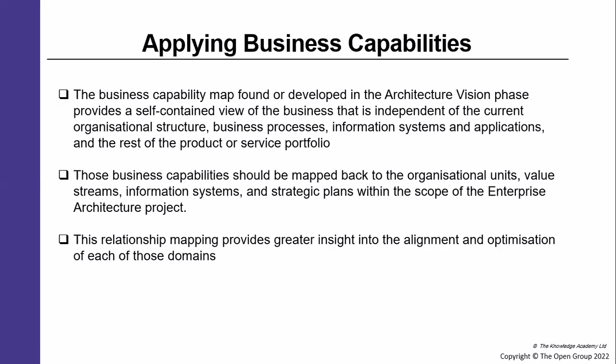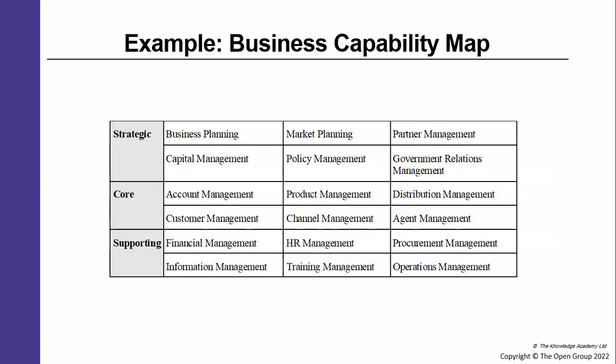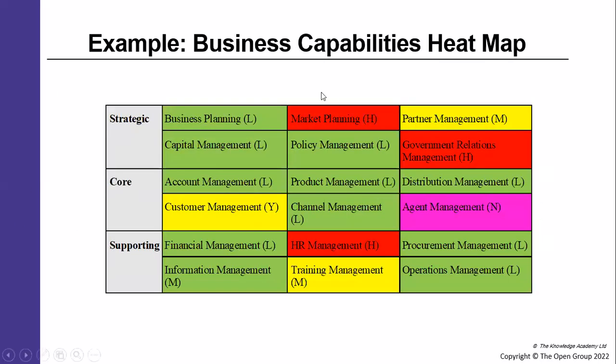Business capability we discussed. Now have a look at this one, the business capability map. What is this called? It's called a heat map. A heat map is where everything you see is put in colors. What does the color represent?